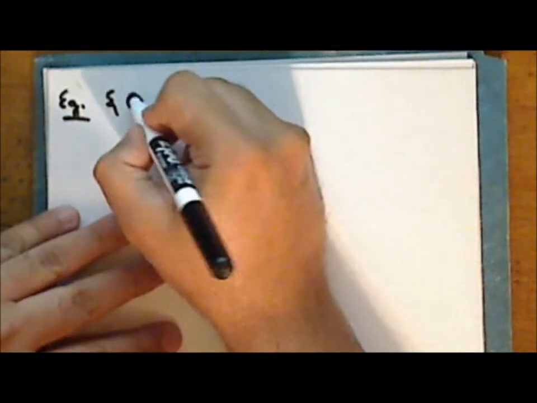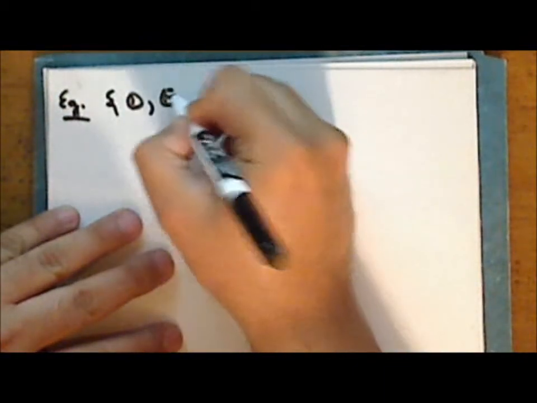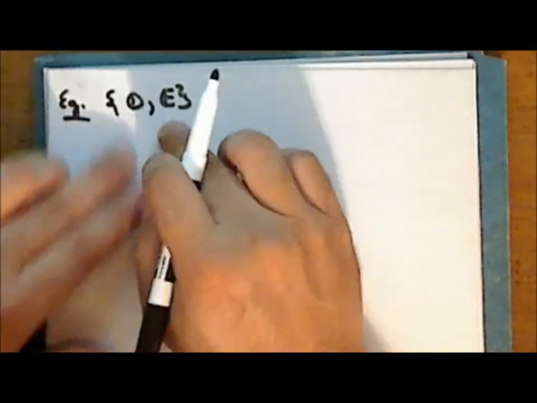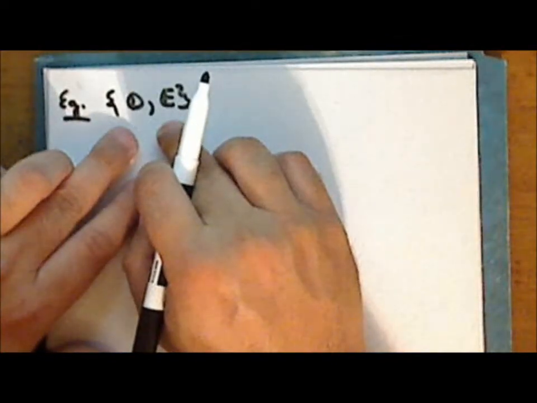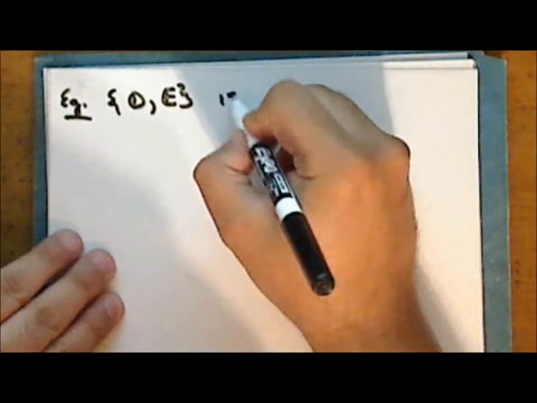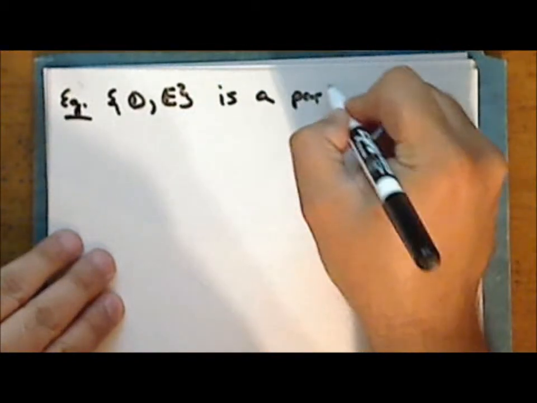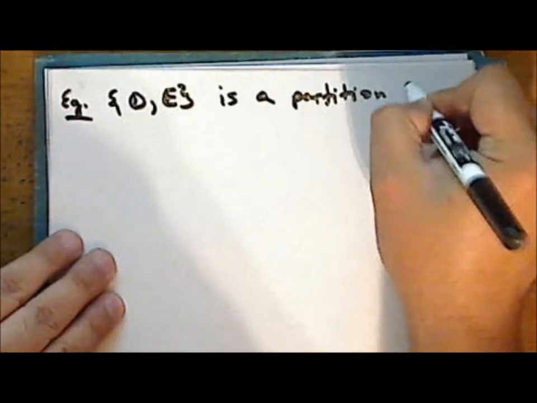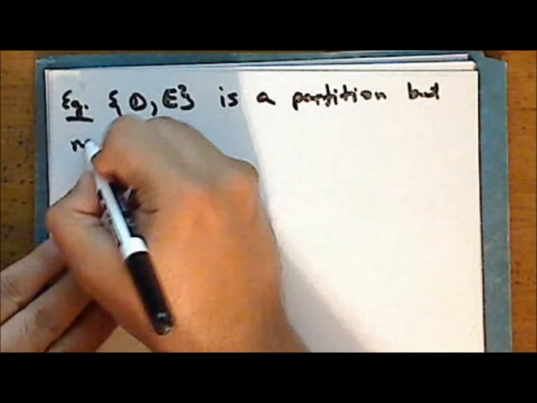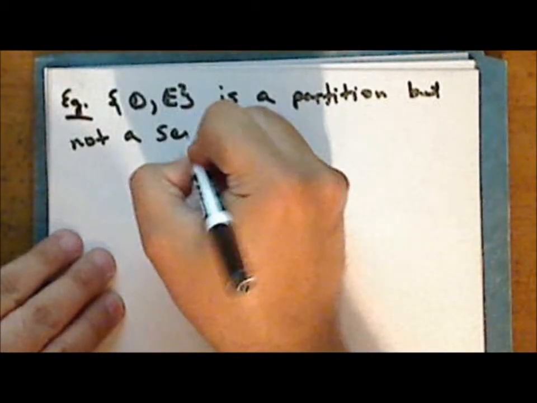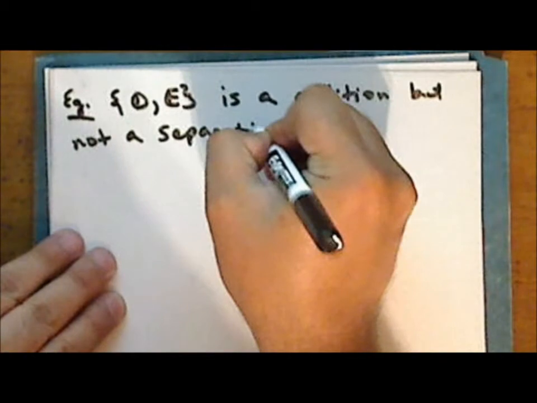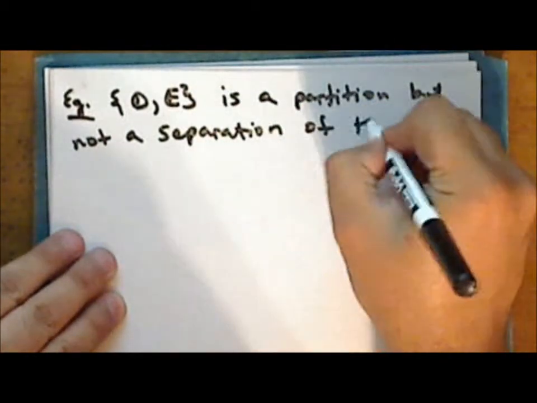Okay, so next we will show that the set consisting of the sets of odd integers and even integers is a partition, but not a separation of the digital line.